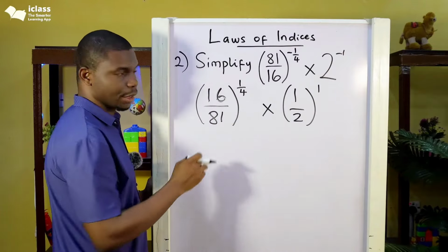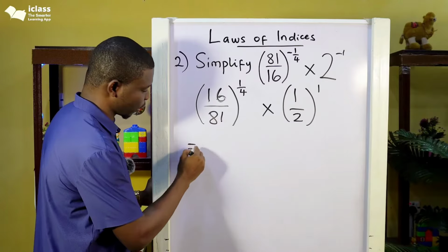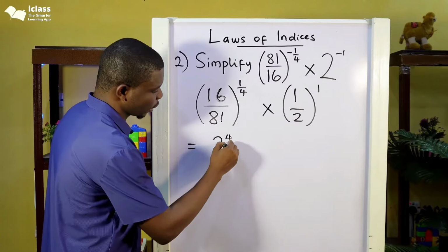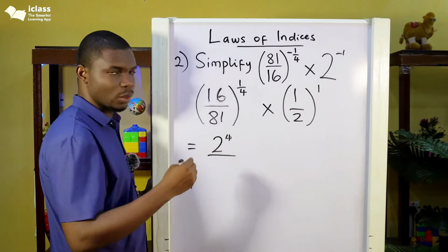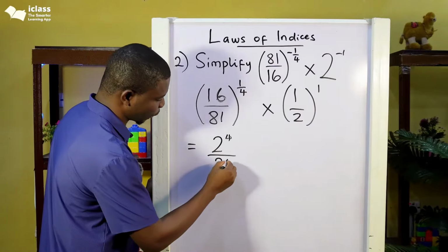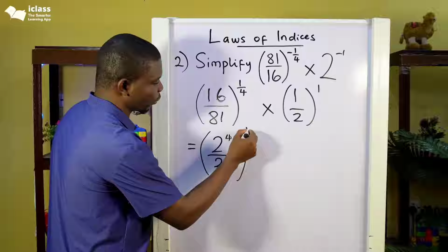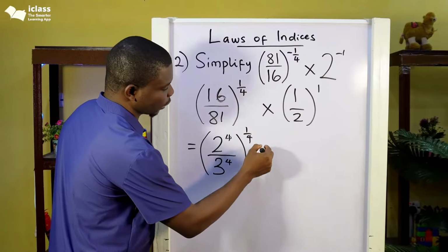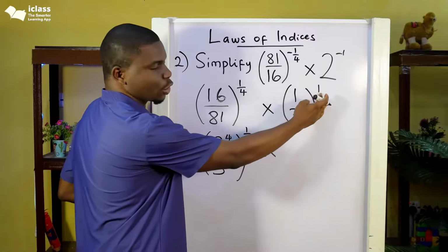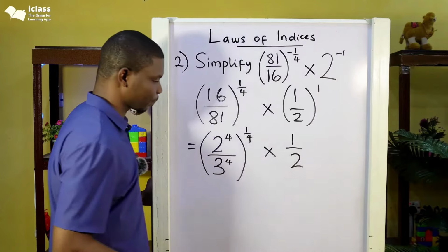Now, you know 16 is the same thing as 2 times 2 times 2 times 2, which is 2 to the power 4, right? How about 81? 81 is 3 times 3 times 3 times 3, which is 3 to the power 4. Now, all these raised to power 1 over 4. Then times, of course, anything raised to power 1 is still that thing. So this will be times 1 over 2.